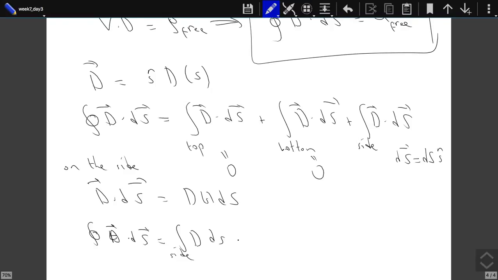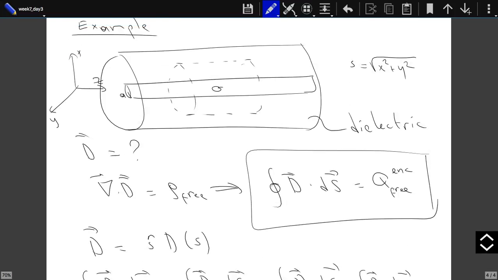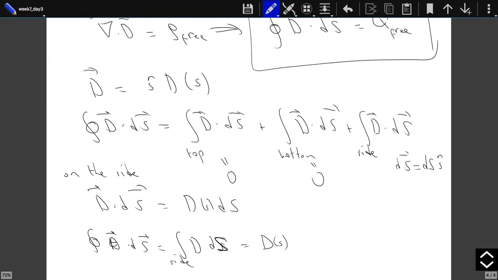I can take it out. And what remains is the total area of the side of my cylinder. This side has radius small s and height h. So this is 2 pi small s times h. This is the integral of the displacement field over our Gauss surface.